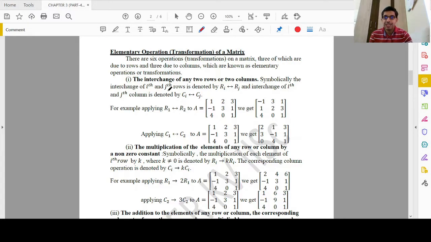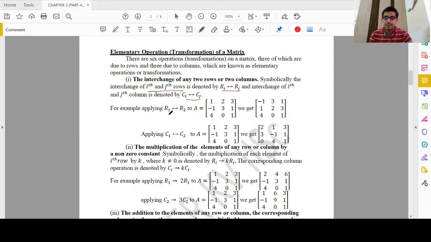First one is the interchange of any 2 rows or 2 columns. That means if we interchange ith and jth rows, it is denoted by Ri interchanges with Rj, and if we interchange ith and jth column, it is denoted by Ci interchanges with Cj.